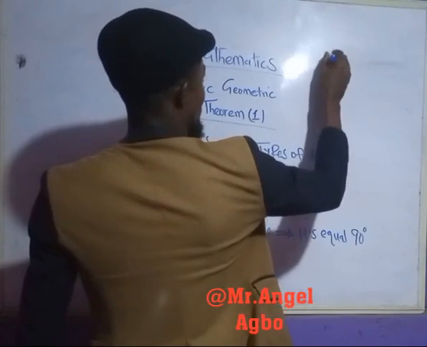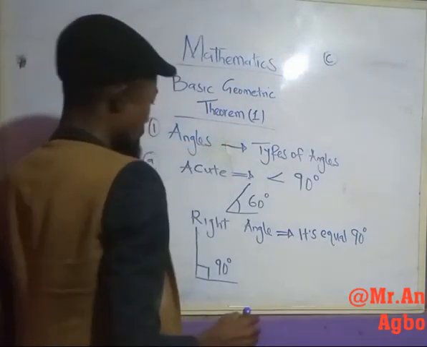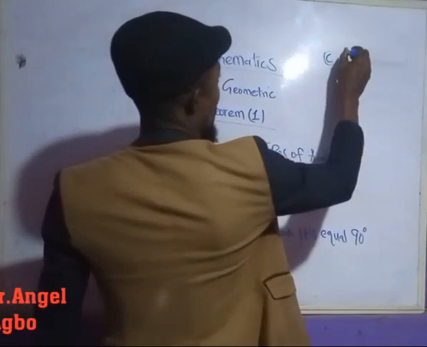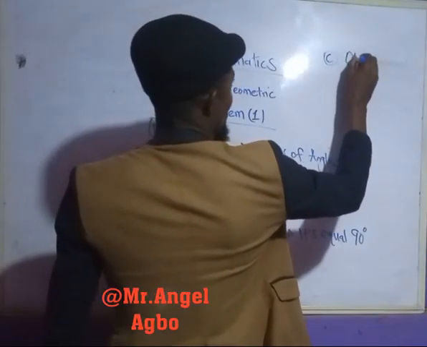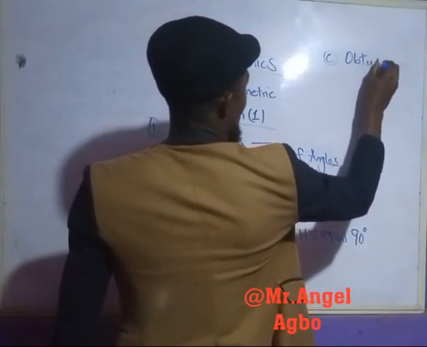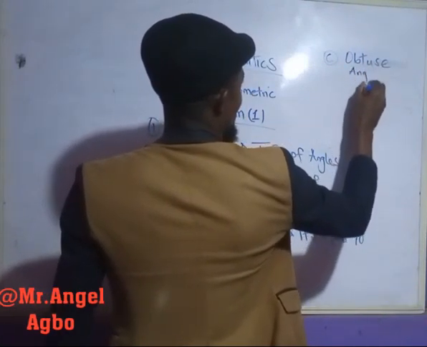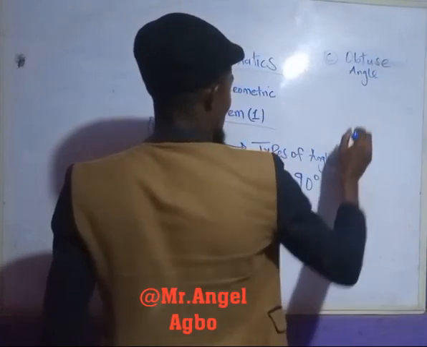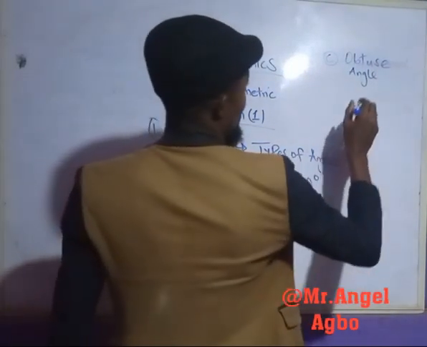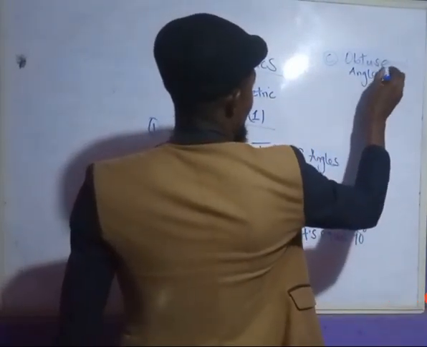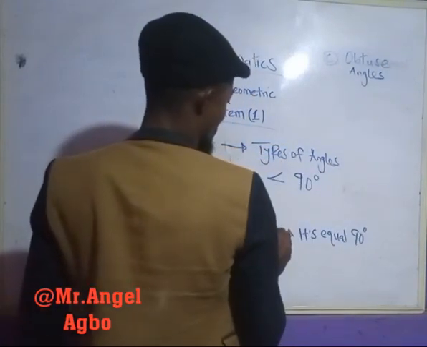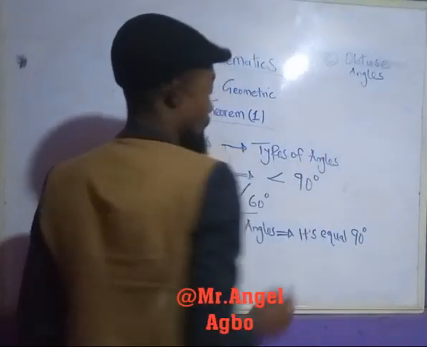The third type we have is the obtuse angle, or we can say obtuse angles.